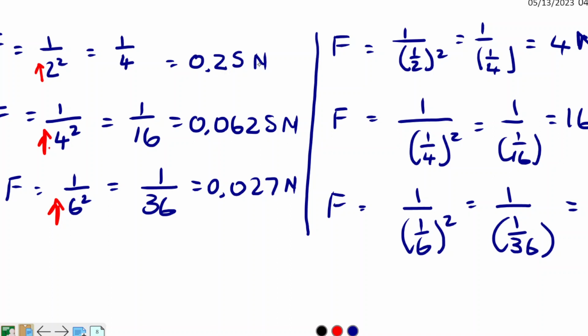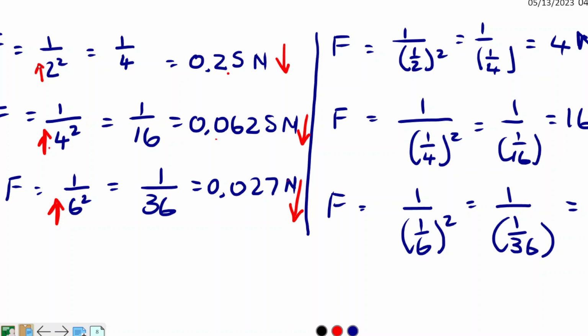The force is 0.25 newtons, then it decreases to 0.0625, and then to 0.027.